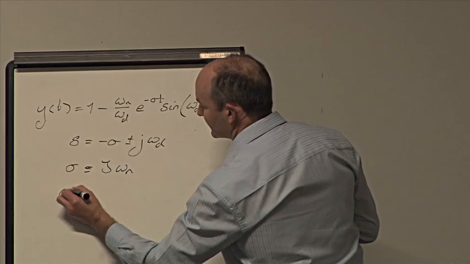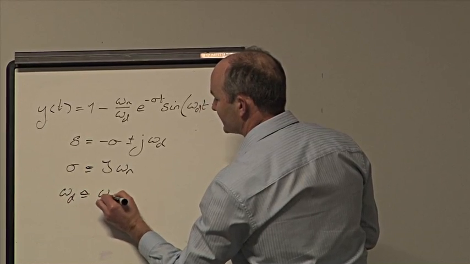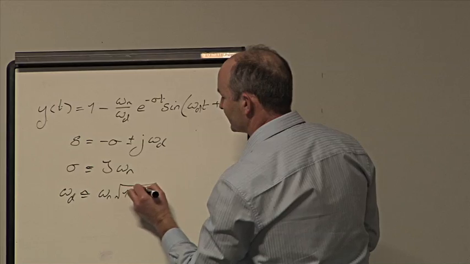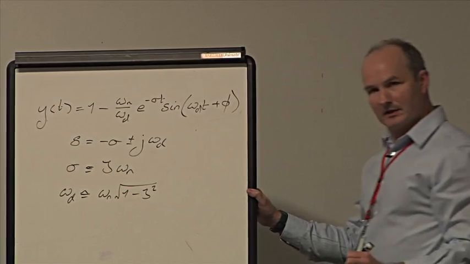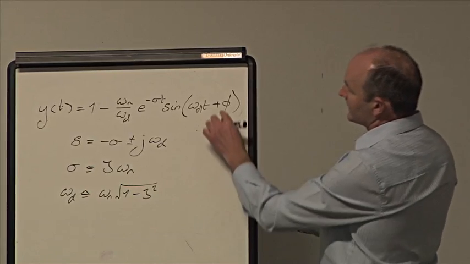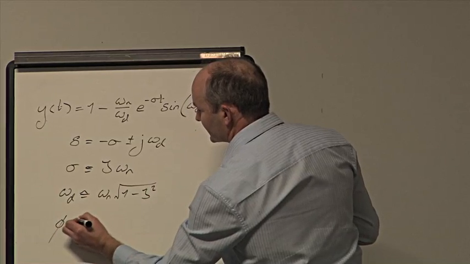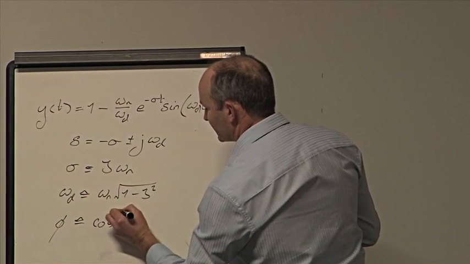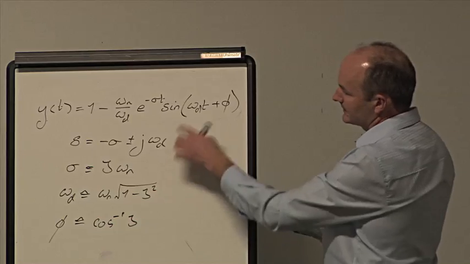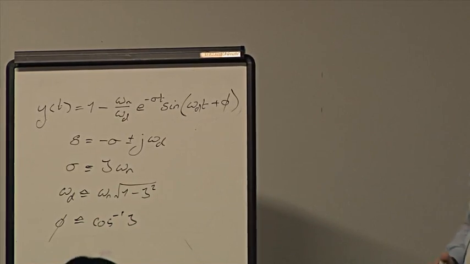Omega d, we call that the damped natural frequency, and we define that as omega n times the square root of 1 minus zeta squared. This is an underdamped system, so the term under the square root looks like that. And the only other parameter in here is the phase shift phi, which we defined as the arc cosine of zeta. So these parameters all tie into the unit step response of the underdamped second order system.